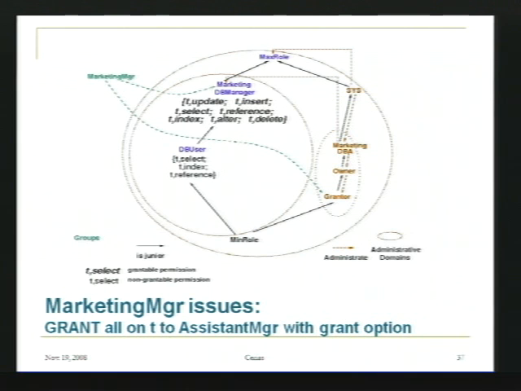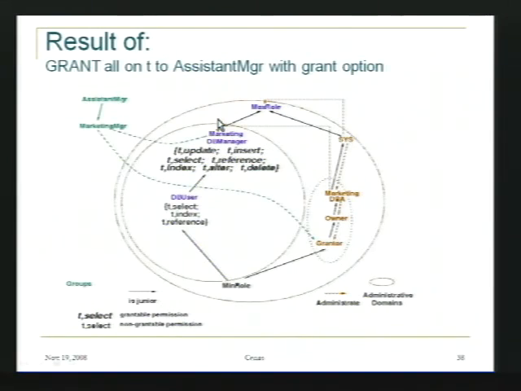If the marketing manager then wants to grant all their permissions, so these are all the SQL permissions here, on a table T to somebody else with grant option, well, all of those permissions are represented here by this role. So somehow I have to arrange for the assistant manager to be assigned to that role.